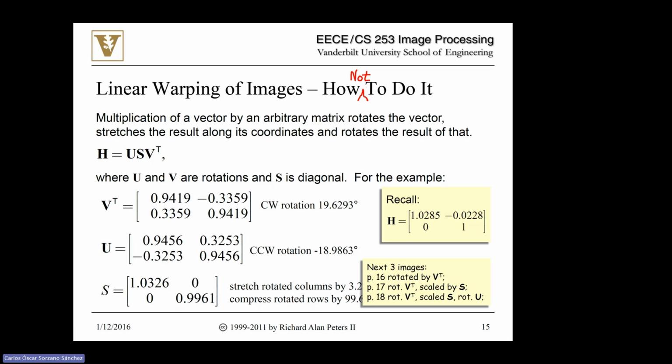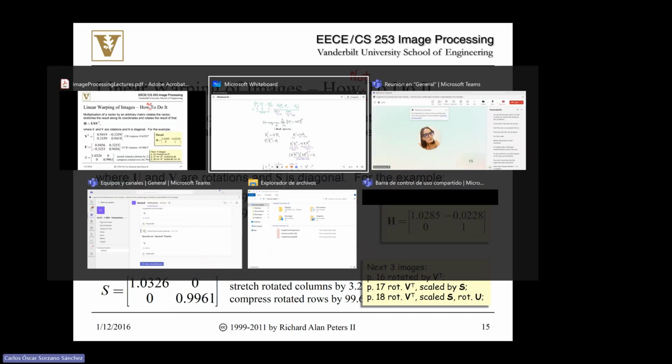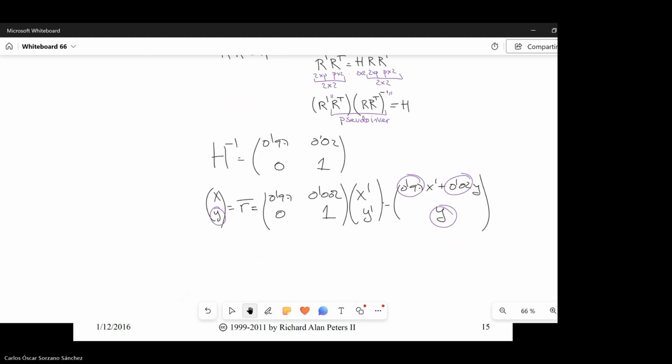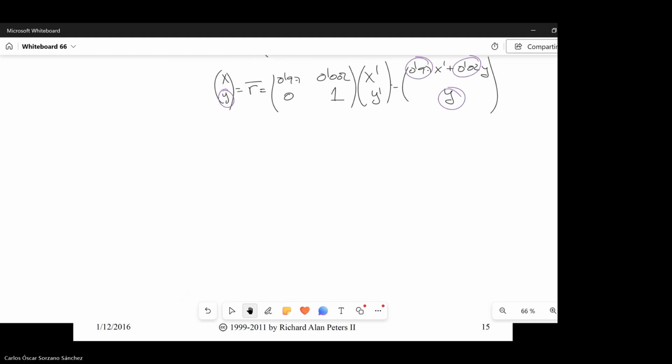Do you remember the eigenvalue decomposition in algebra? You have any matrix A, and you can decompose it as P D P minus 1.